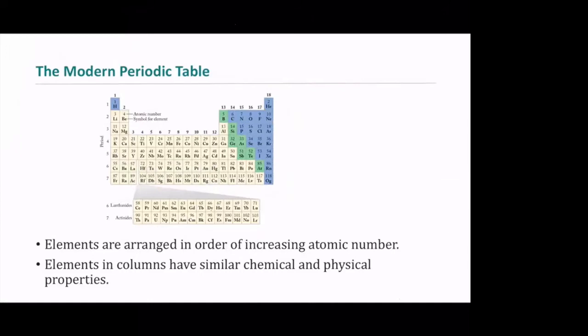Iodine actually has a lower atomic mass than tellurium. Okay, but we have to have this one to the right because it's got a greater atomic number.